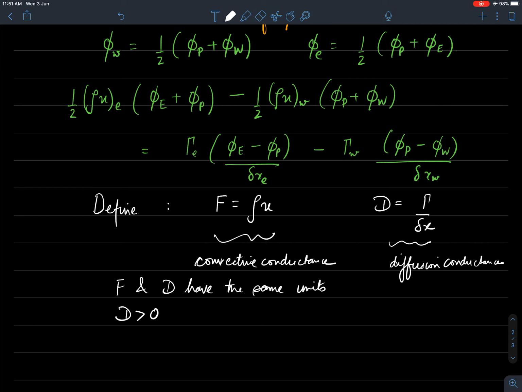So it's mu by delta x, or gamma by delta x. So D is always greater than 0, but F can be between plus and minus infinity, because F depends on the flow. If the velocity is positive, then F becomes positive. If the velocity is negative, F becomes negative.